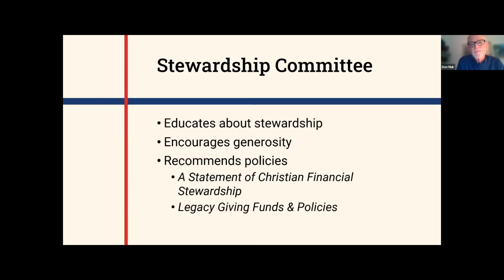That committee hopefully is going to include people who are creative, enthusiastic, intentional about stewardship education, and are very good at inspiring others and leading others to be excited about this aspect of Christian ministry. There are resources available through Stewardship and Planned Giving to support the work of such a committee if your session forms one.